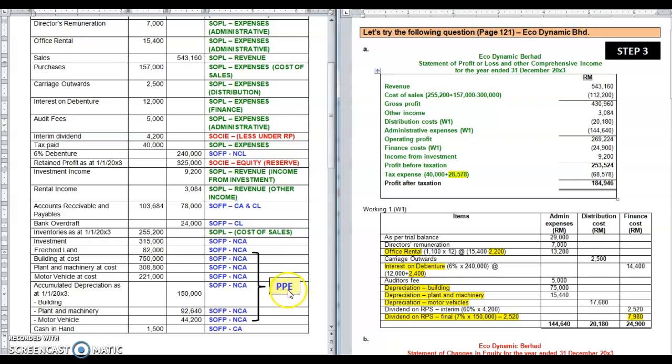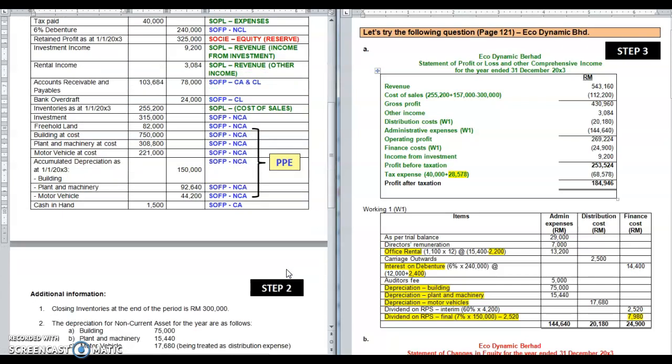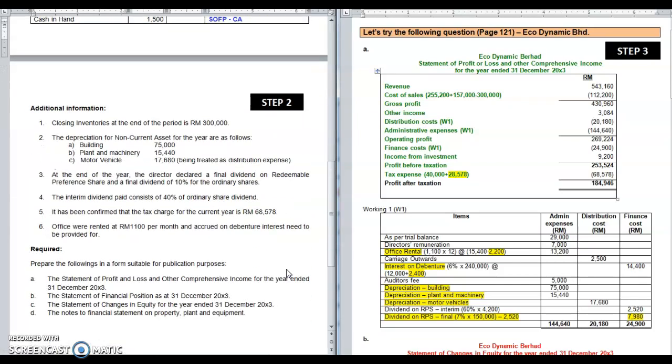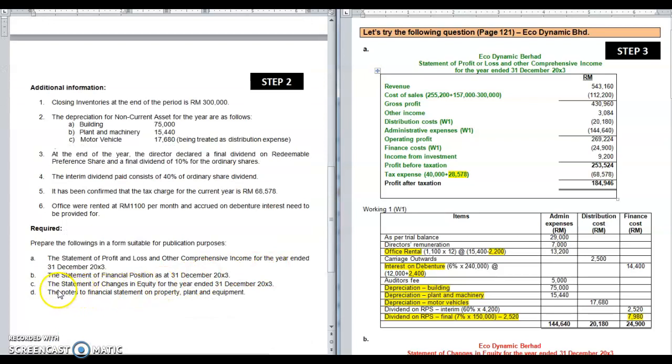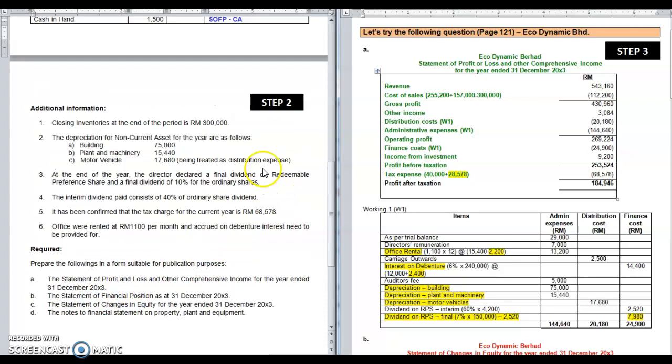I hope you still remember that how to derive the final figure of property, plant, and equipment is by preparing the notes to the financial statement. Usually this will help you a lot because in the question, the notes on the PPE will be required. It is one of the compulsory notes asked by the question.